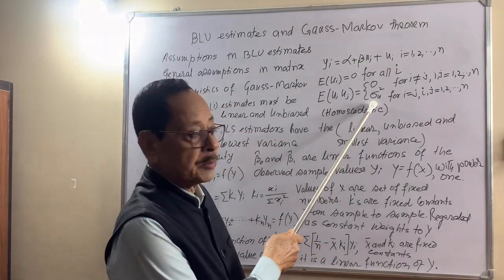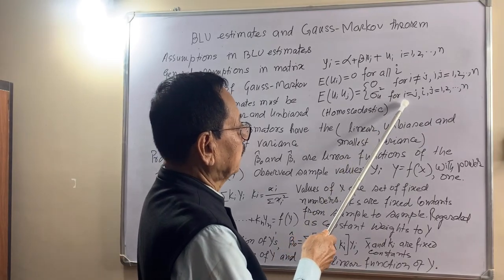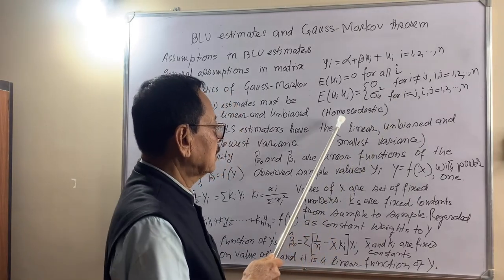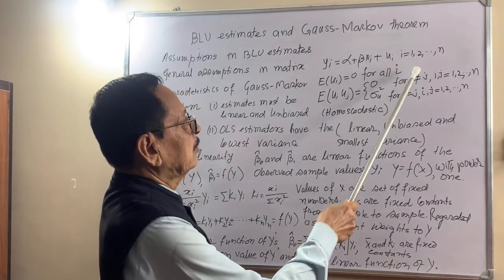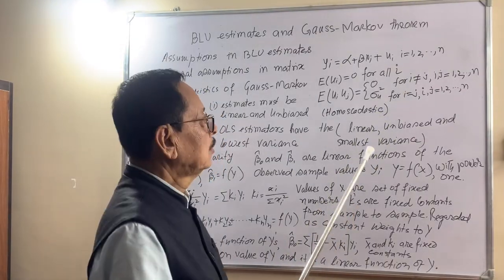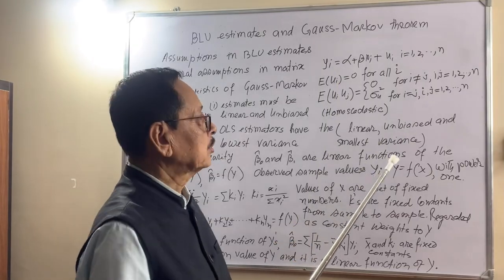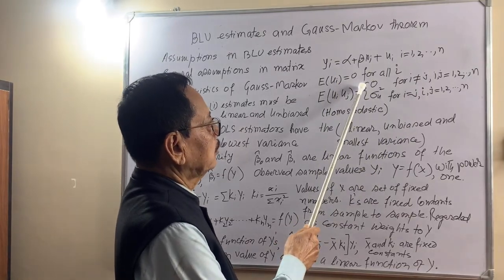That means it is variance, so constant. So it is called homoscedastic: off diagonals are 0 and the diagonal elements are constant. So we assume this.